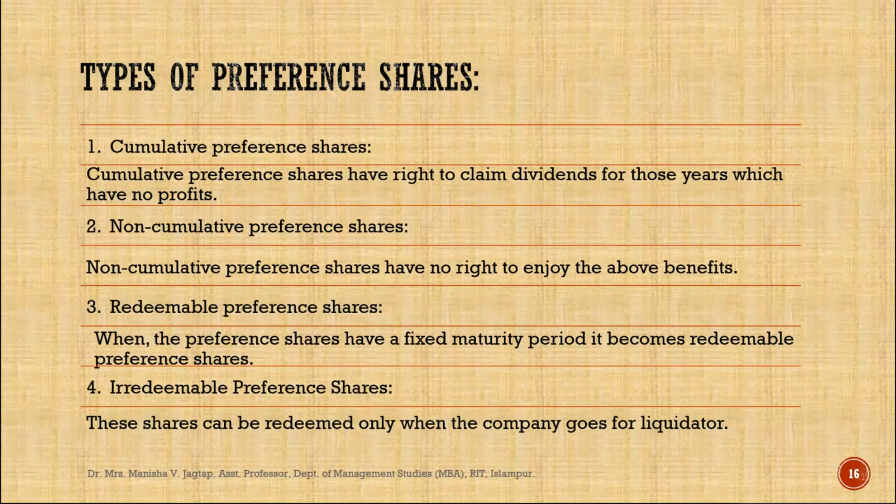Fourth is irredeemable preference shares. Irredeemable preference shares can be redeemed only when the company goes for liquidation. There is no fixed maturity period for such kind of preference shares.